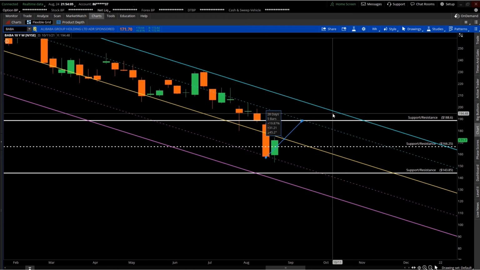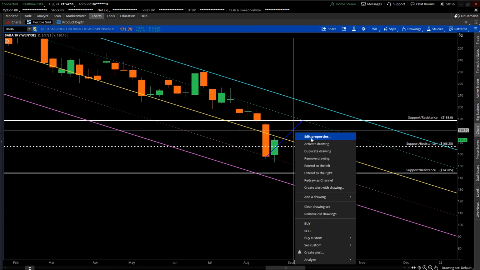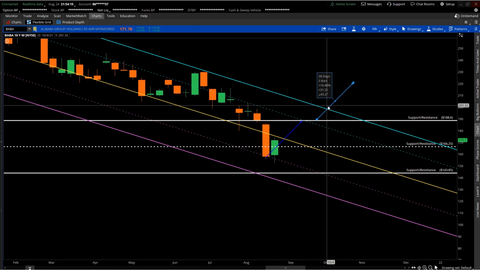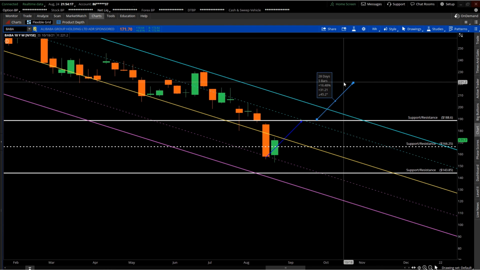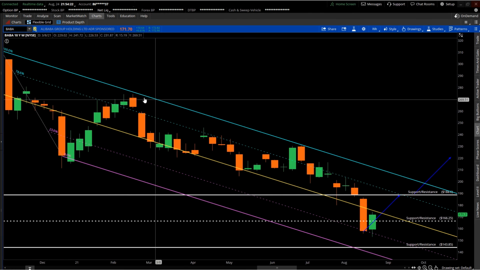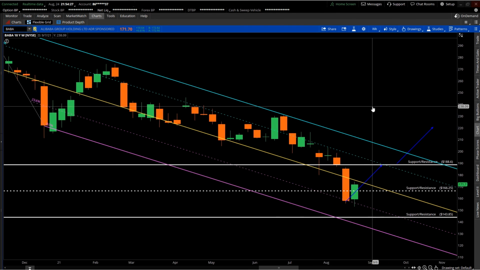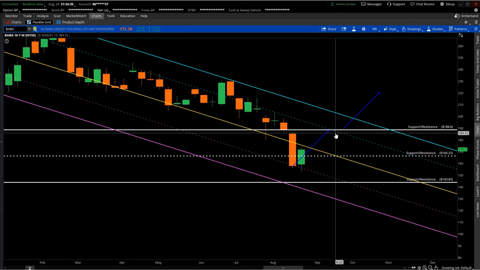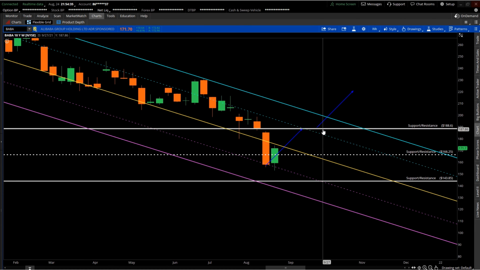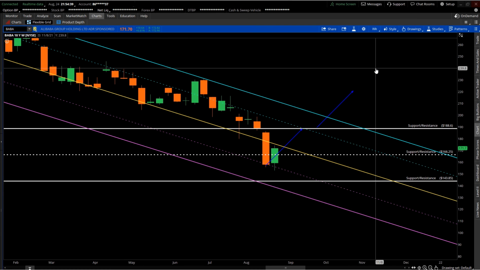But then again, this is going to be so strong that price would ultimately have to break out and start a whole new trend, right? So to break this downward channel that it's been consistently following since November of last year, it's going to require a lot of energy and a lot of momentum and a lot of buying for sure to actually break this downtrend and start an uptrend.